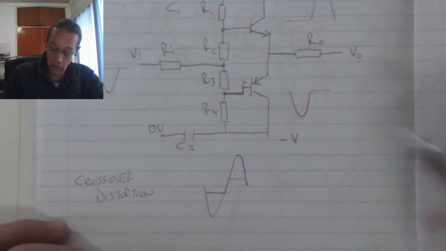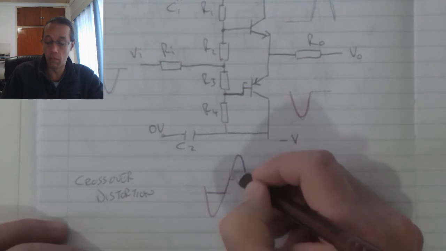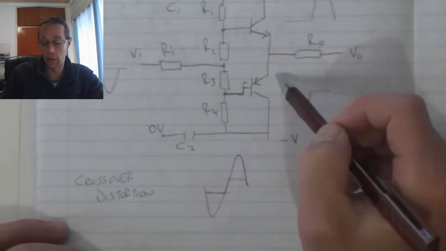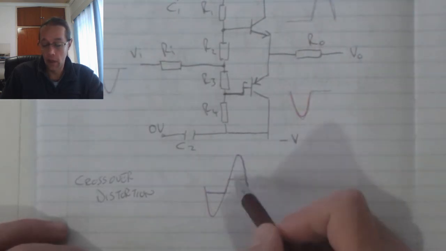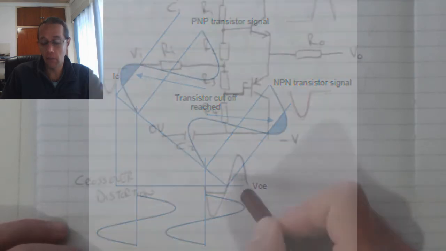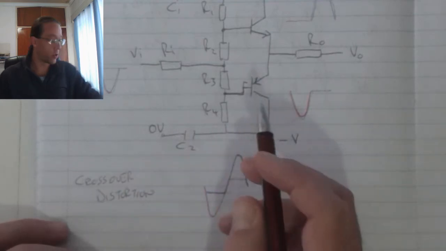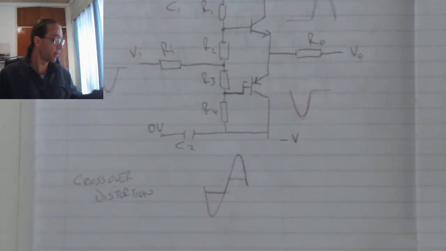The result is that for this section in time, from there to there, we've got both transistors operating. So as one of them turns completely off or completely on, the other one picks up the slack, and that overcomes the crossover distortion.